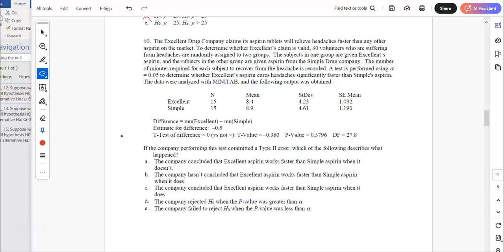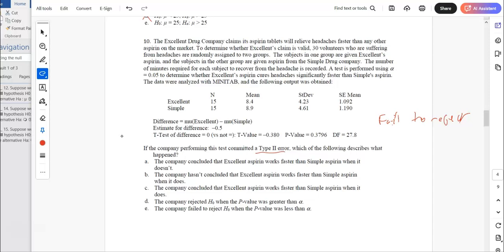If the company performs a test and committed a type 2 error, which describes what could have happened? So type 2, I'm thinking generically, that means they failed to reject. So they didn't think the Excellent drug was effective, but actually it was effective, right?